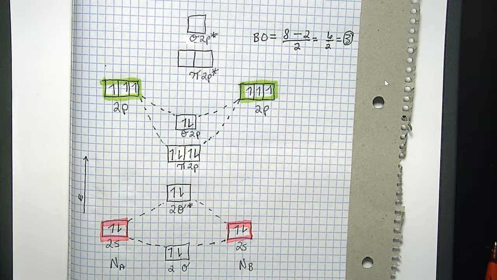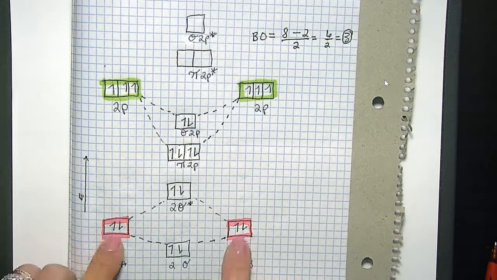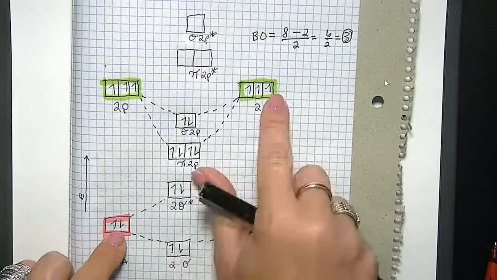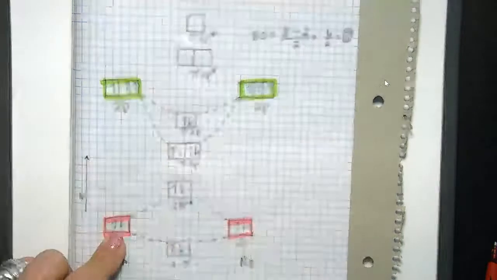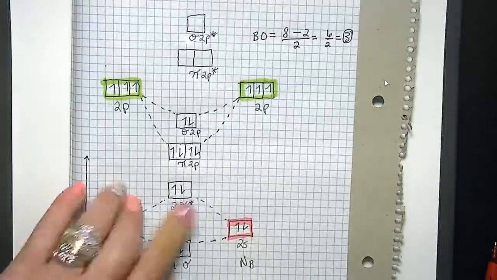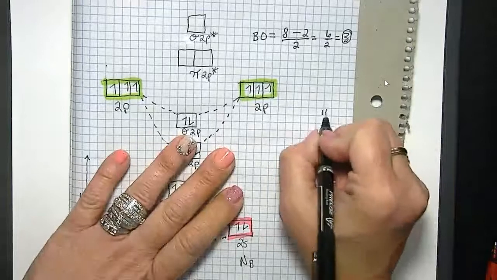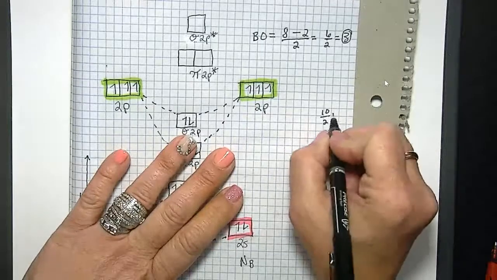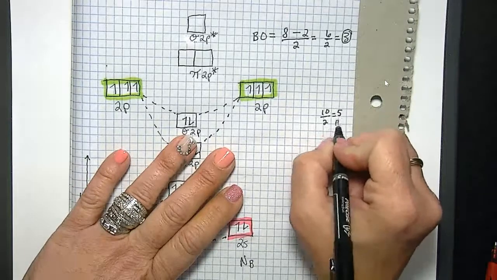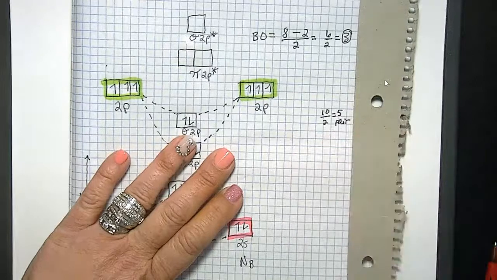So we should expect that nitrogen has a triple bond. Let's test it, shall we? I got a total of 2, 4, 6, 8, 10 valence electrons. So 10 valence electrons divided by 2, that's going to be 5 pairs available to us.